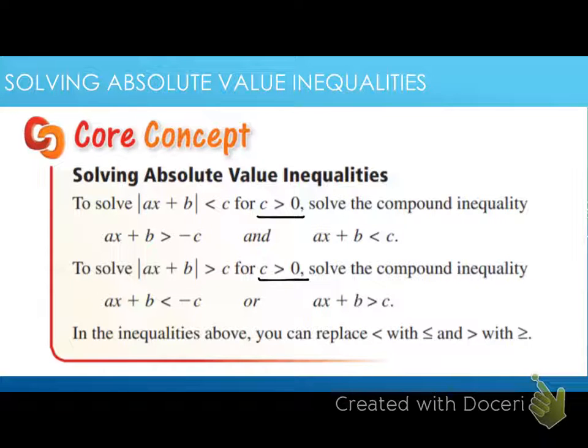What else did we do on our second one? Flip the inequality symbol, right? Because now we're dealing with a negative c. So first one exactly the same without the bars. Second one, make the c value negative and flip your inequality symbol. Everyone got it? Same thing for this bottom one. Exactly the same without the bars for the first one. Second one, make c value negative, flip your inequality symbol.